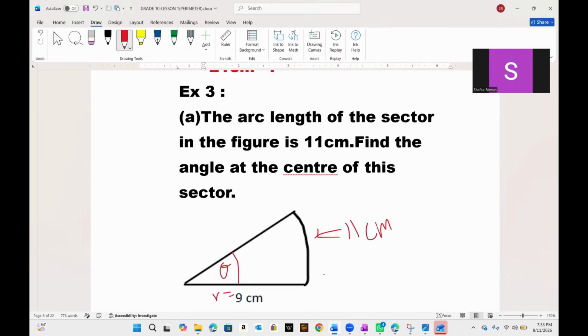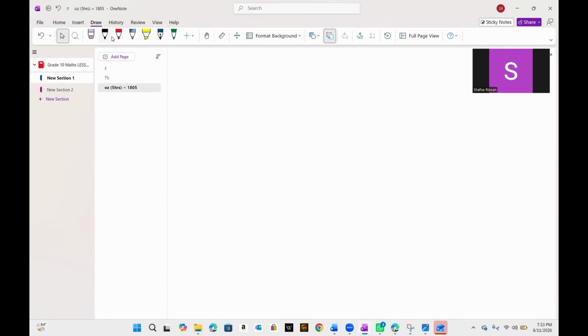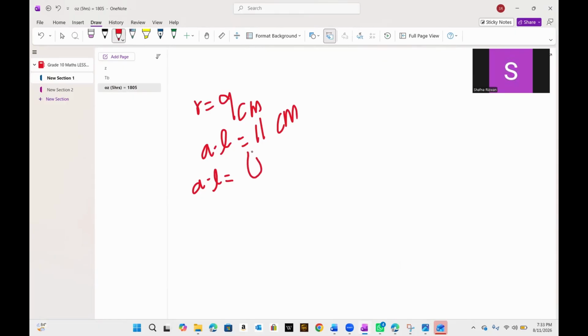How can you do it? Use the arc length formula. Let's say, how much is the radius? 9 centimeter. How much is the arc length? Arc length is 11 centimeter. Now let's use the arc length formula. Arc length equals theta over 360 degrees into 2 pi r.